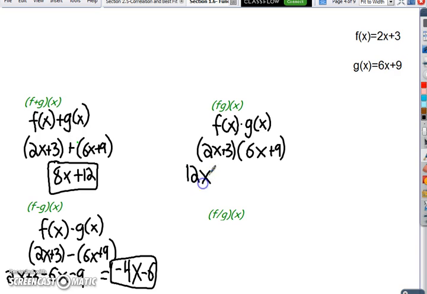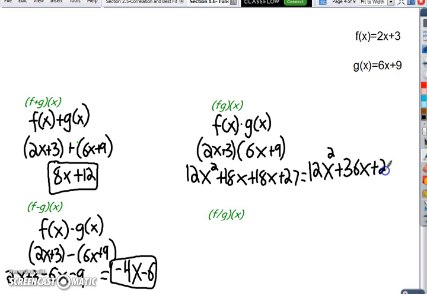So first gets me 12x squared, outside gets me 18x. So does inside. Neat. And last gets me 27. You combine your like terms, and you get the following wonderful and glorious function. You can leave it like this. Box it in and you're done.